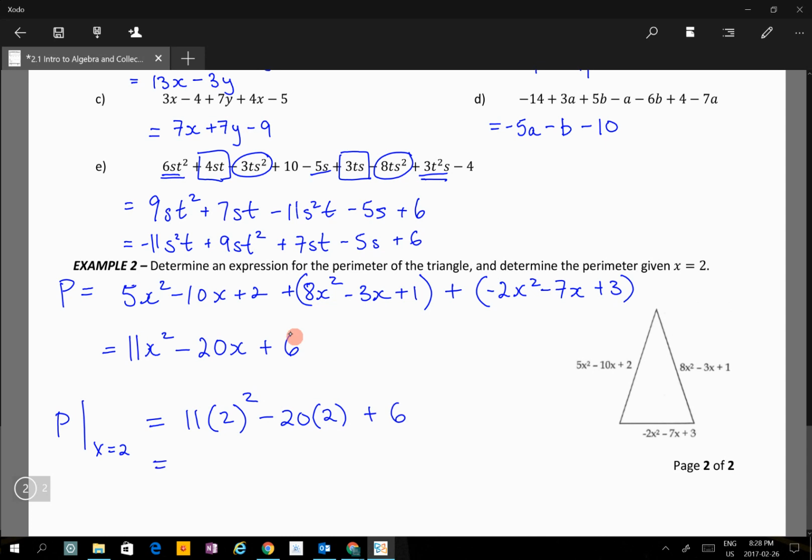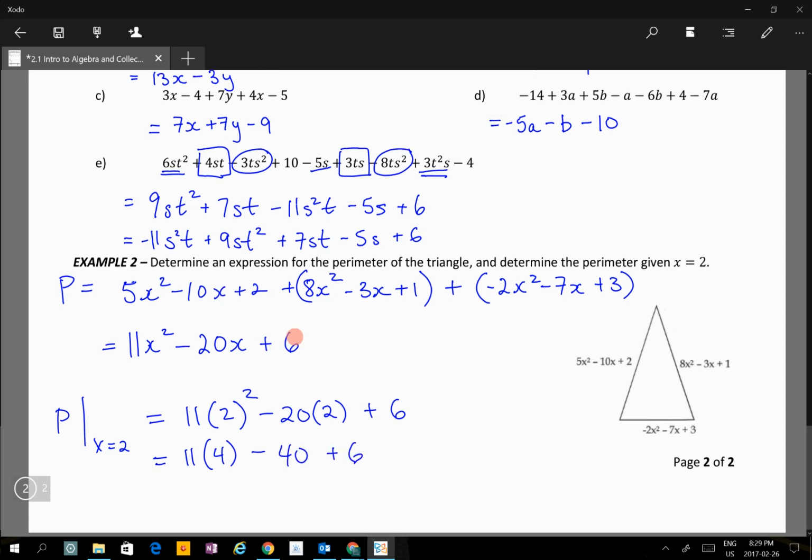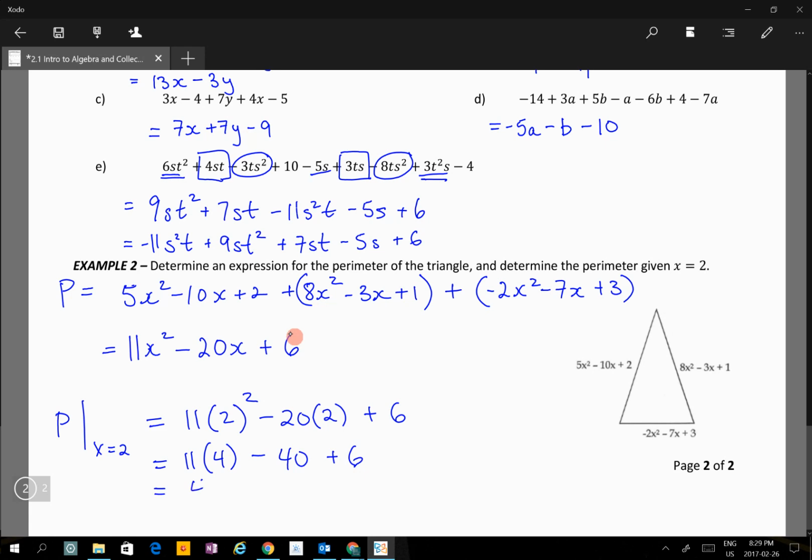BEDMAS rules: 2 squared is 4, so I'll write that 4 first. 20 times 2 is 40, and then I have plus 6. Then you do your multiplication. 11 times 4 is 44, minus 40 plus 6. And when you simplify these last 3 terms, the perimeter is going to be 10.